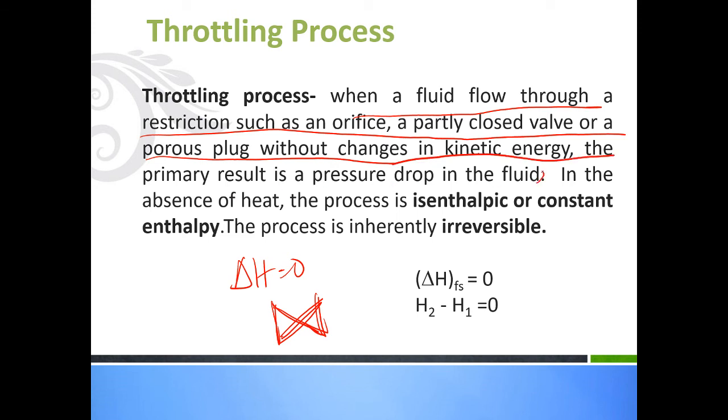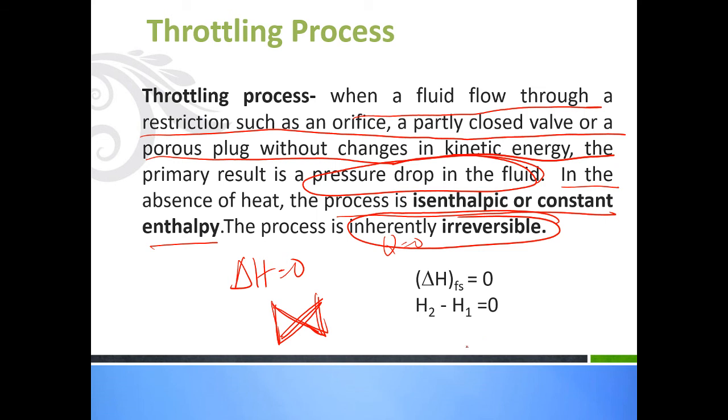So, anong pinaka-effect niya? Pressure drop in the fluid. And then, if Q equal to 0, absence of heat, the process is isenthalpic or constant enthalpy. And it's inherently irreversible. So, yun lang. Pag sinabing throttling process, delta H is 0.